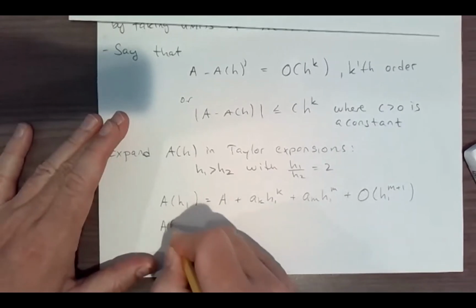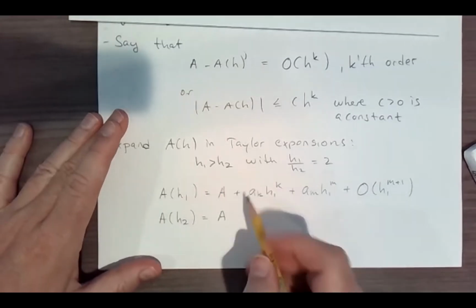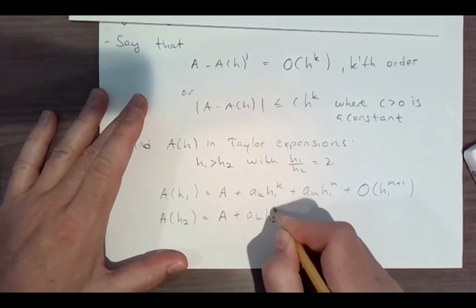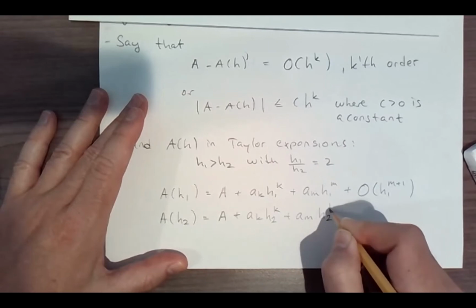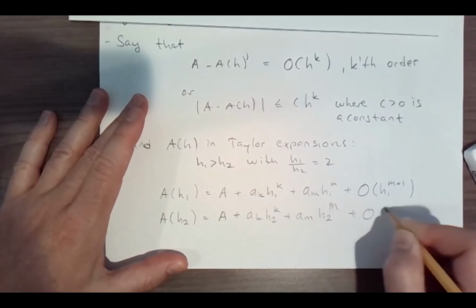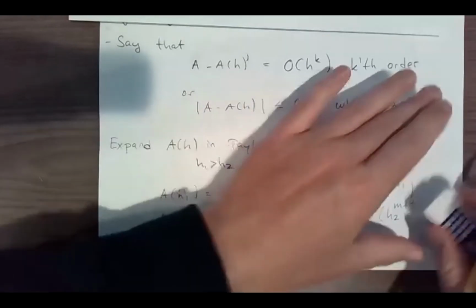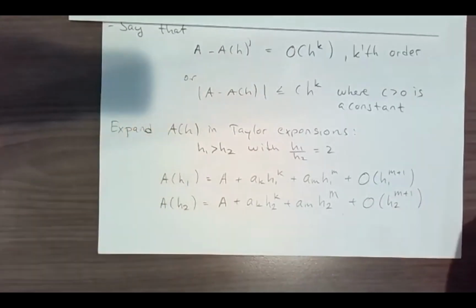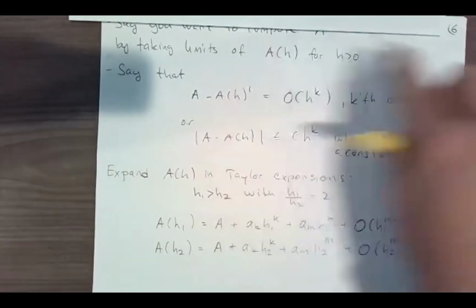And then I'll do the same thing for H2. So it'll be the correct point, and then I'll have AK H2 to the power K plus AM H2 to the power M plus some error term. So I'm computing my approximation here for different H's.